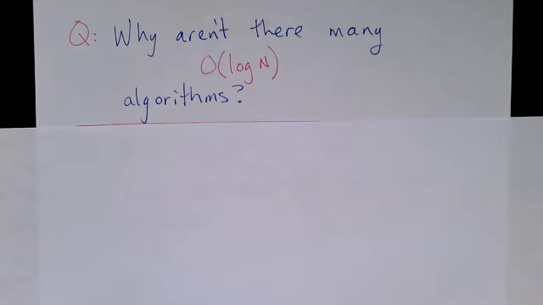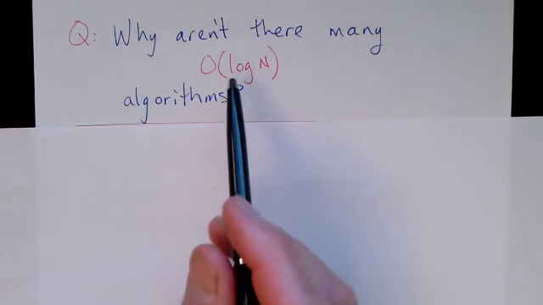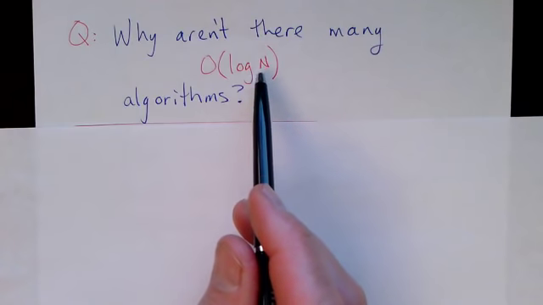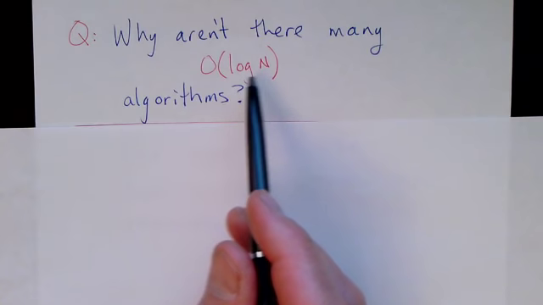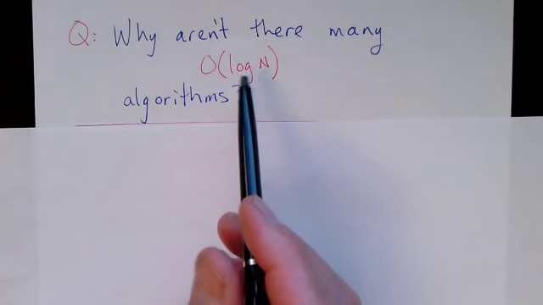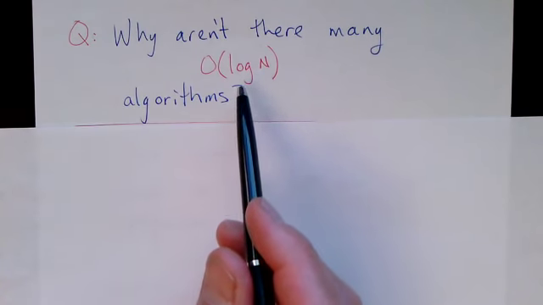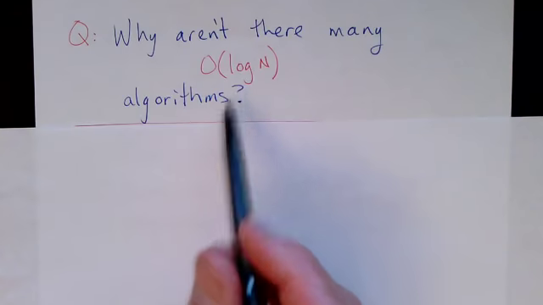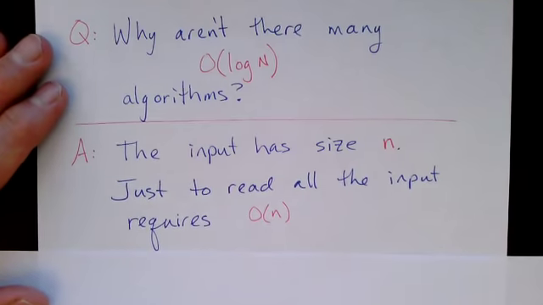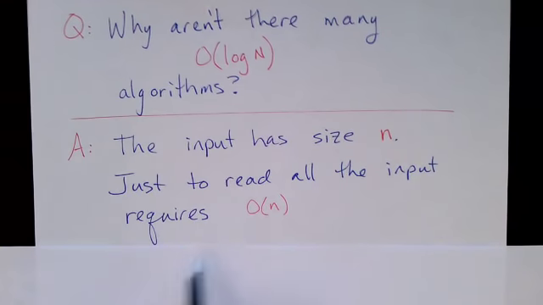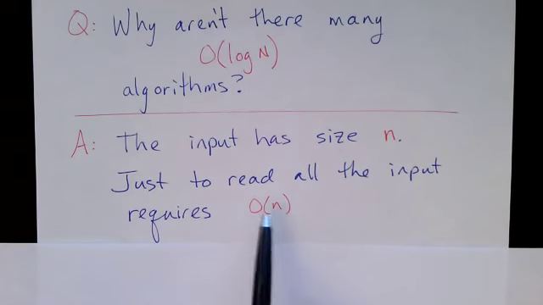Now let me talk a little bit about algorithms that run in order log n. There aren't very many useful algorithms that have this runtime behavior. And you might ask, why isn't that? Well, the answer is that the input has a size of n. And just to read all of the input requires an algorithm of order n.